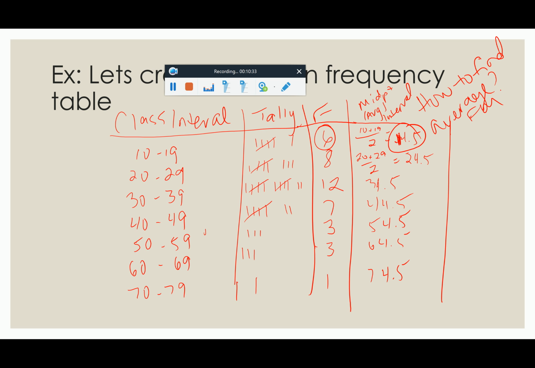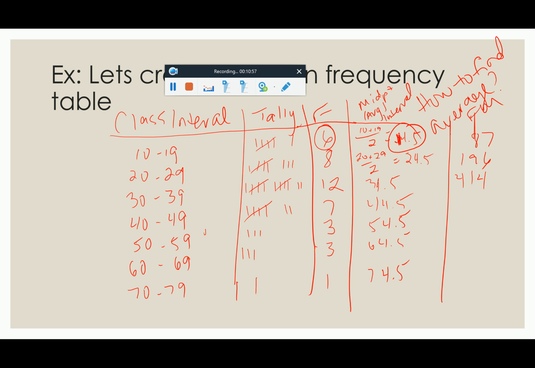Alright, the next step is you will multiply your frequency times your midpoint. So 14.5 times 6 is 87. And then 8 times 24.5 is 196. And then 12 times 34.5 is 414.